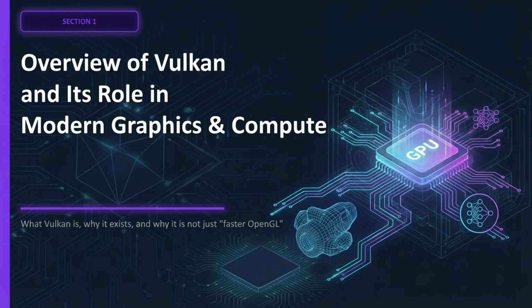The second thing you need to understand is that OpenGL is a very old API. It started way before the 90s, but in the 90s it came into official existence. From the 90s to 2025, 26, the API still exists, and that means it's carrying a lot of backward compatibility.